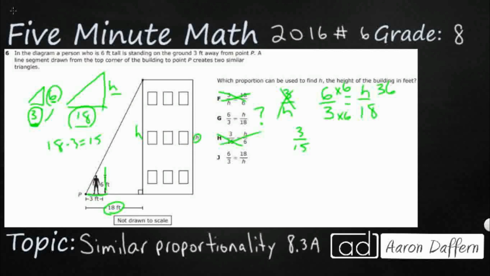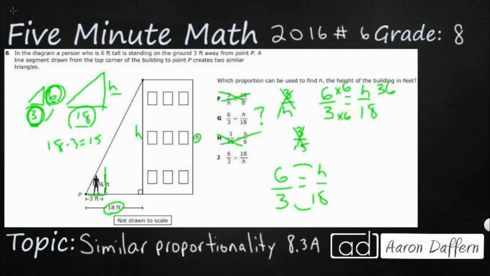Let's check out J and hope that is incorrect. All right. So I have got 6 over 3. That's exactly what I had on the first proportion, the height of the small over the base of the small. So then we need to do the same thing on the big. Since we had the height of the small, we need the height of the big over the base of the big, because the two heights need to match and the two bases need to match, which is what we already have on G. But look what they did right there.